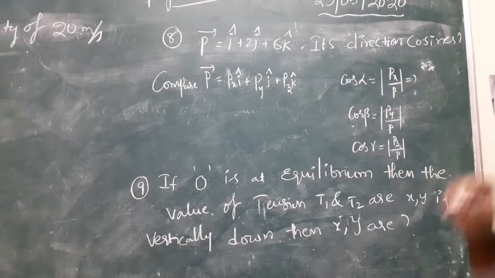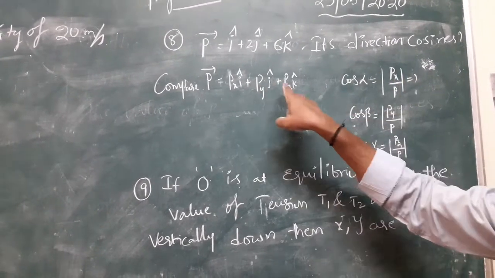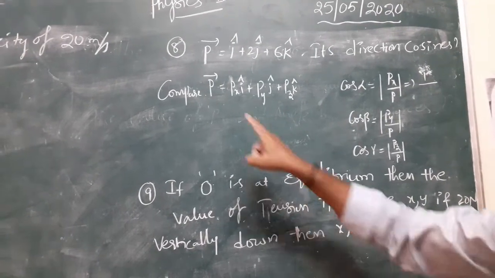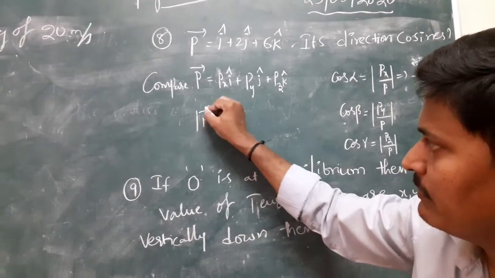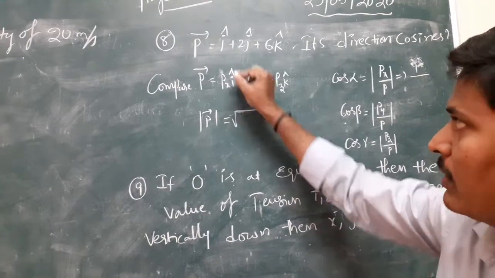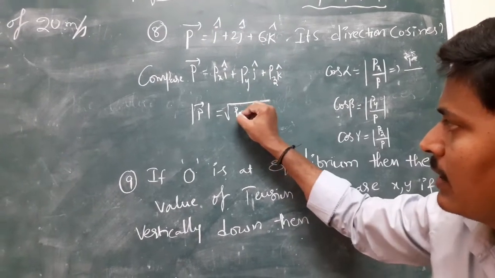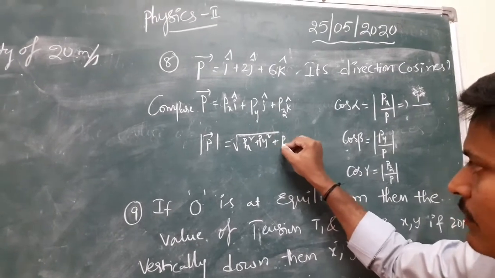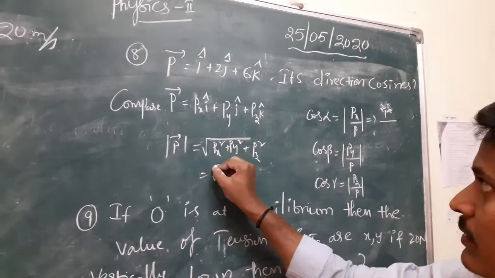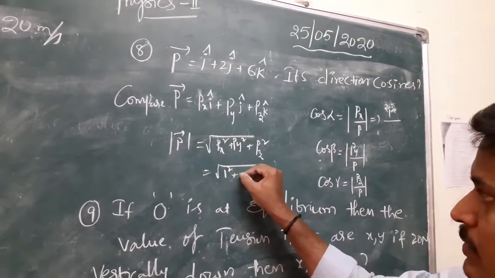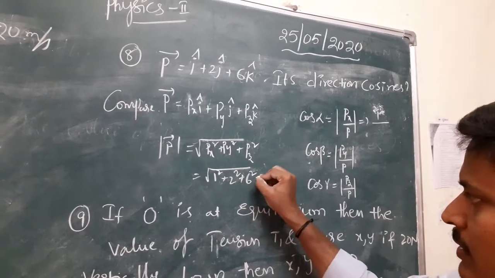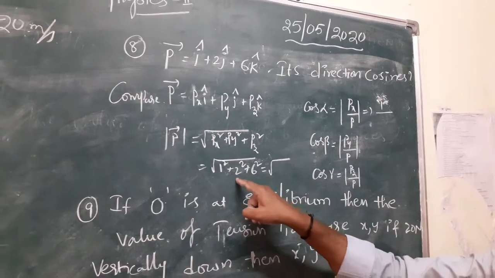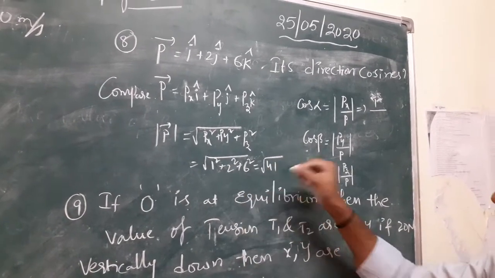So here px is the component value 1. The magnitude of p we can measure: p is the square root of px square plus py square plus pz square, that is equal to 1 square plus 2 square plus 6 square, that is 1 plus 4 plus 36, which is 41.